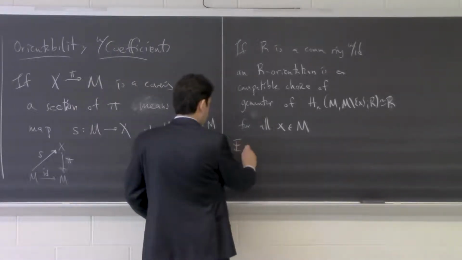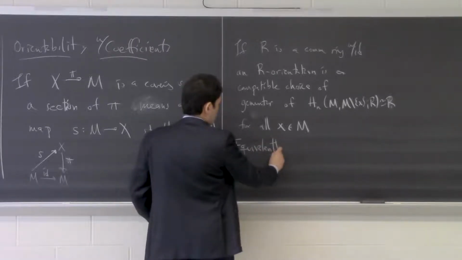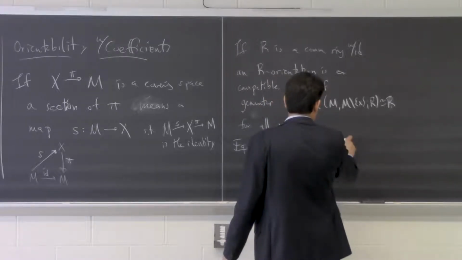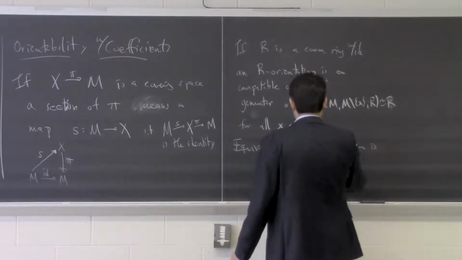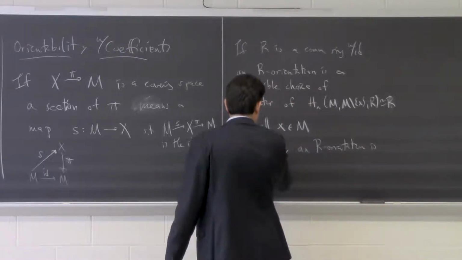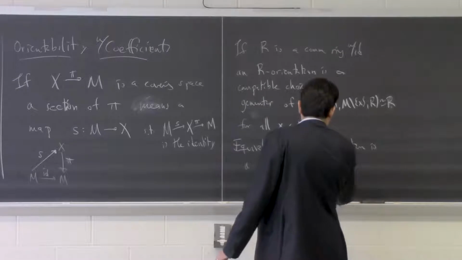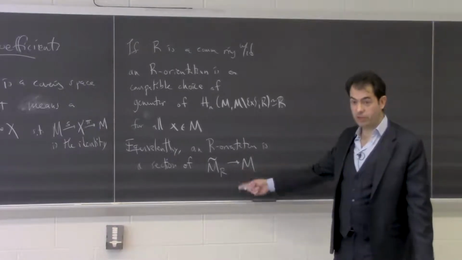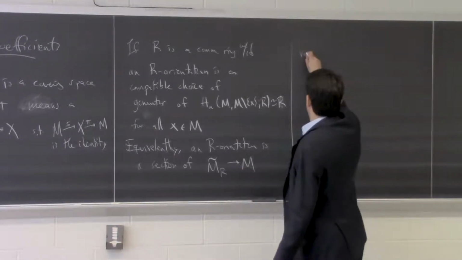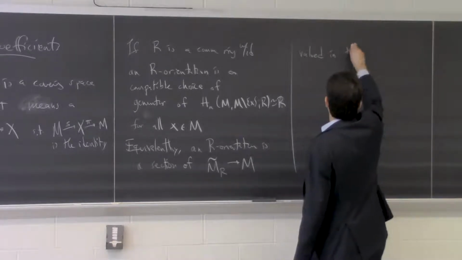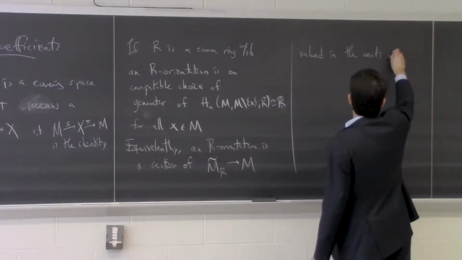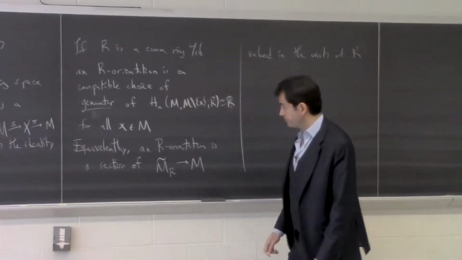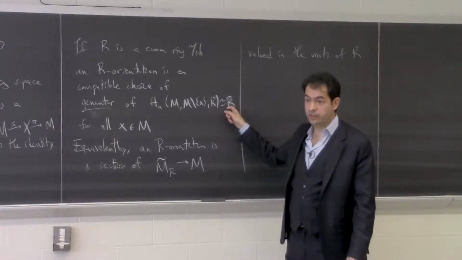So equivalently, an R orientation is a section of the covering space you get from the local homology groups with coefficients in R, valued in the units. Because remember, for a generator, when you're working with a ring, what you want is just a unit.